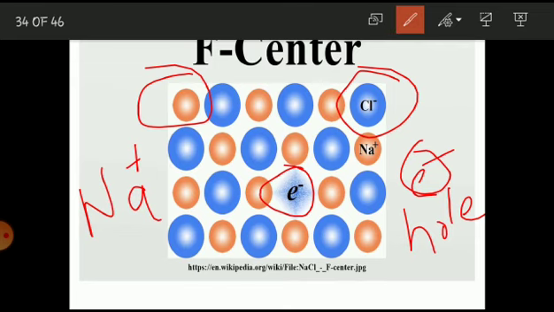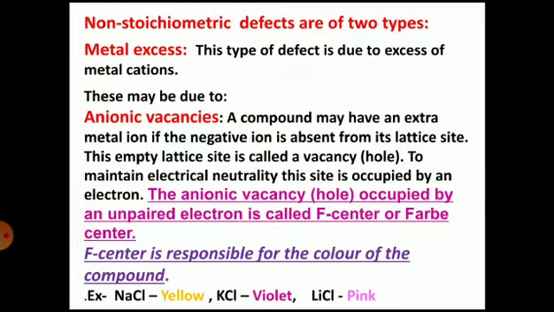For example, sodium chloride is yellow in color, lithium chloride is pink in color, and potassium chloride is violet in color.